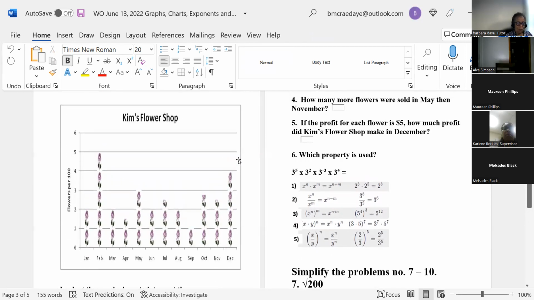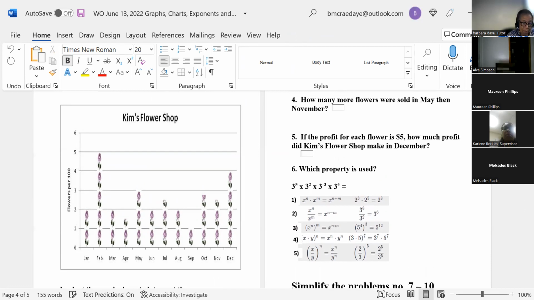How many more flowers were sold in May than November? So, how many flowers were sold in May, Alva? 300. So May had 300 flowers, right? Okay. How many were sold in November? 250.